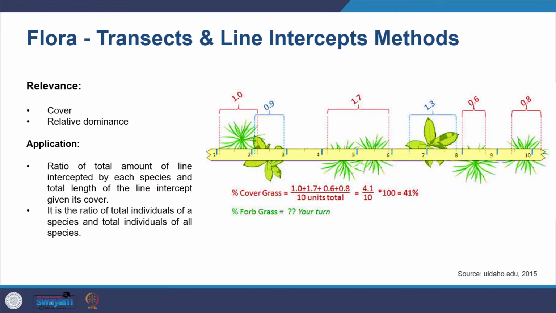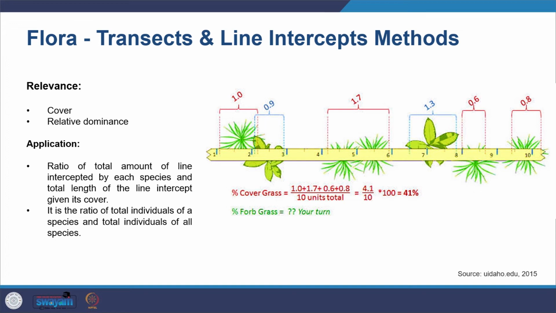The other type is the transect and line intercept methods. For this, as you can see in the diagram, you have one straight line drawn, and whatever comes within that, you make note of. So you look at what is the cover, what is the dominance.